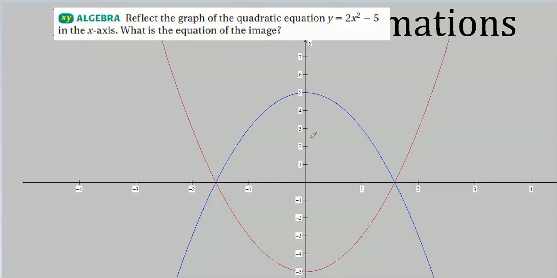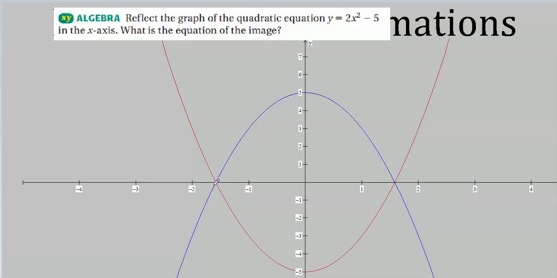The point (0, minus 5) becomes (0, 5). And this illustrates it right here. This looks like 1.5, 0, and that goes to 1.5, 0 because the negative of 0 is just 0. And they have exactly the same value when they cross the x-axis, which makes perfect sense.